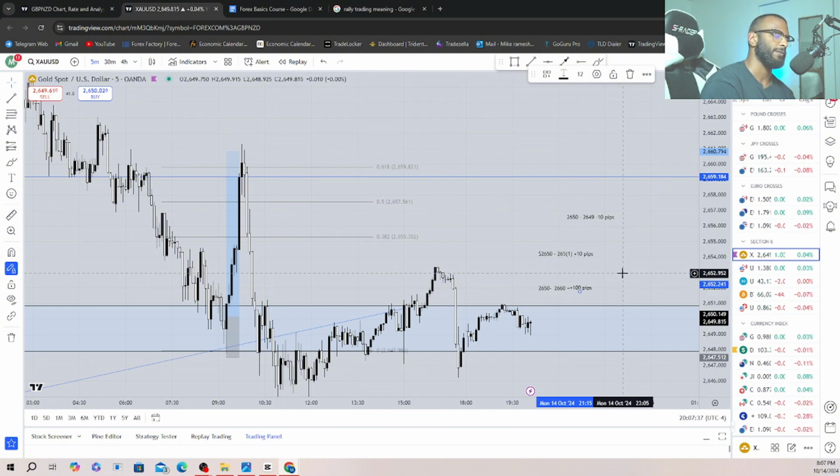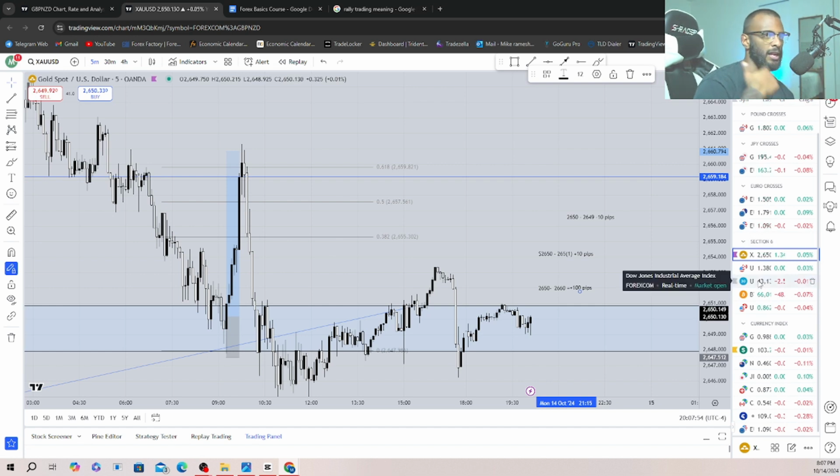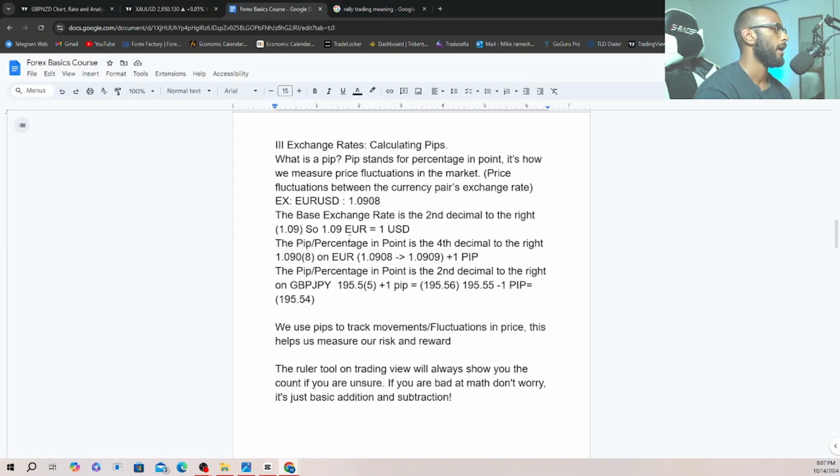And then 26.50 to 26.49 is going to be minus 10 pips. So gold, the fourth digit in the first group of numbers, is going to represent 10 pips per one digit increase. Write it down, go over it again if you didn't get it. That's how you calculate pips.